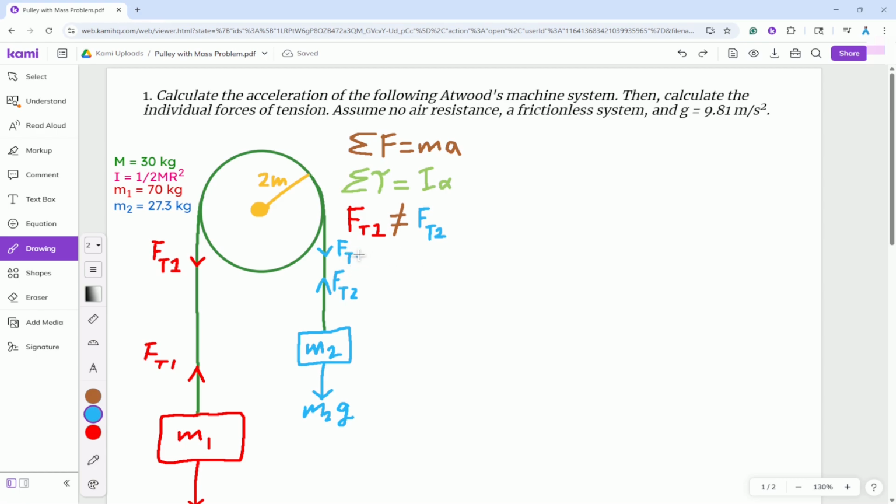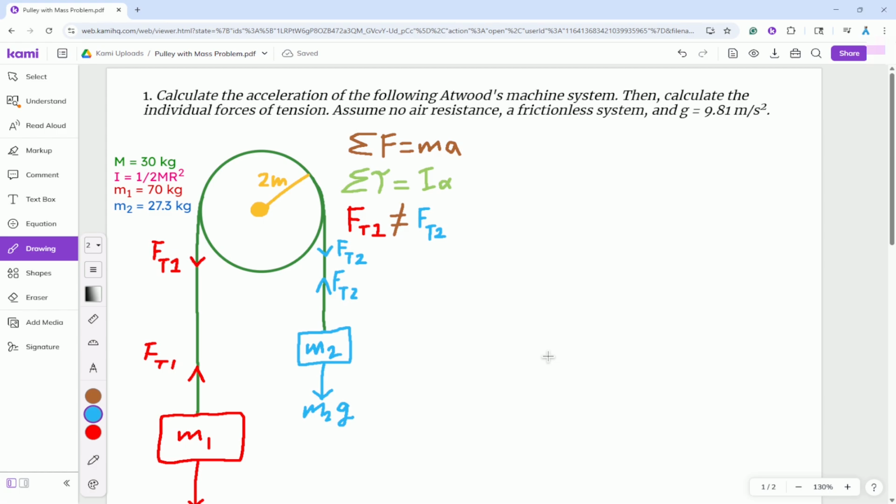Now, why is this important? This pulley has rotational inertia, which means it needs a torque in order to angularly accelerate. A lot of people make this very common mistake.